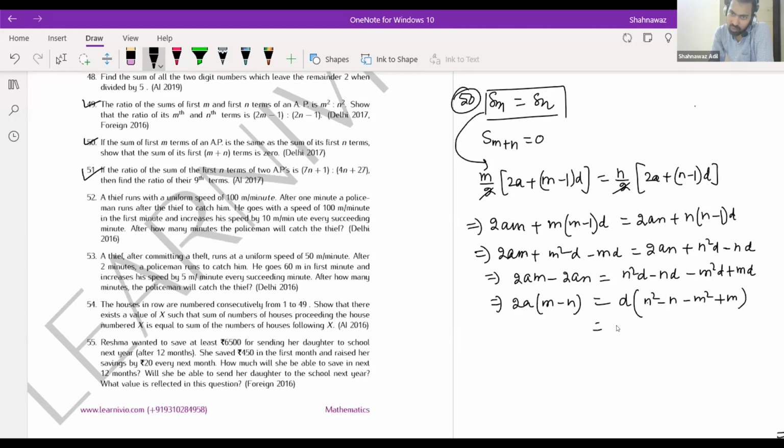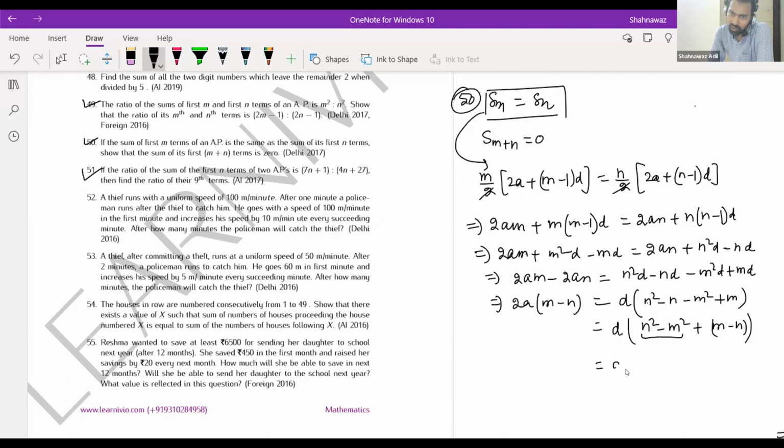So what I can do from here is that this is n square minus m square, plus m minus n, right? So this is how much?